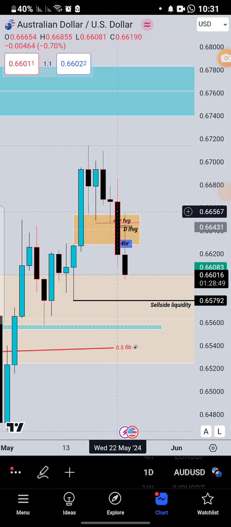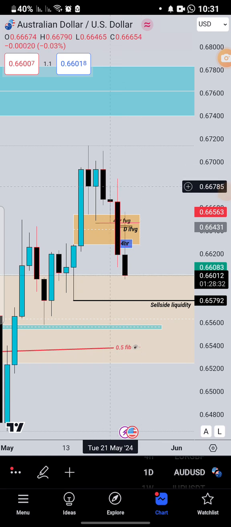Upon highlighting the midpoint, I also noticed we had yesterday's candle being an engulfing candle, right? What do I mean by an engulfing candle? This candle, we can see it had taken the previous day's high at around this level.